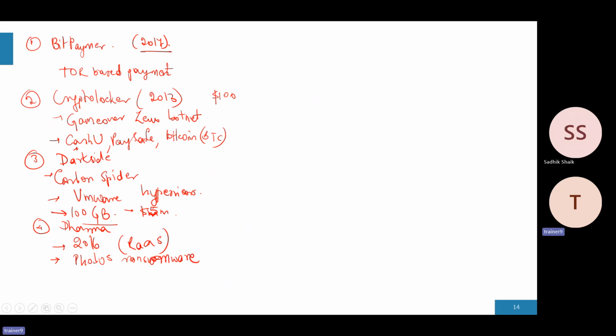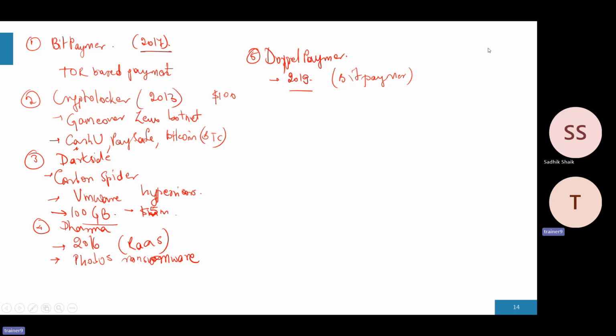You can say that. Then you also have DoppelPaymer. So DoppelPaymer was primarily targeted somewhere in 2019. At that time, this ransom note was similar to the original BitPaymer that happened in 2017, but DoppelPaymer came out in 2019, and it didn't include the ransom amount.